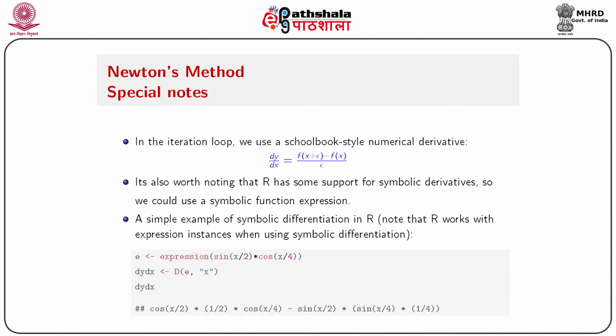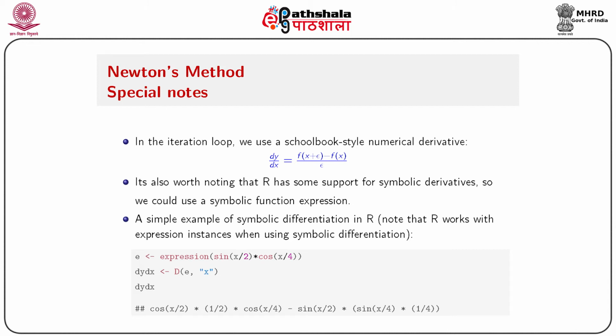A simple example of symbolic differentiation in R uses expression. Everything in the differentiation should be within expression, so we have to convert that function to an expression. I am converting that function to an expression, sin(x/2) times cos(x/4), and then we are calculating dy/dx.